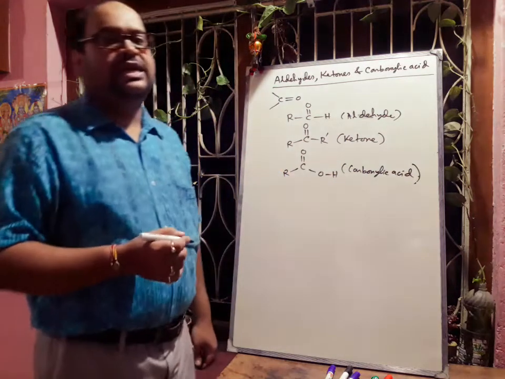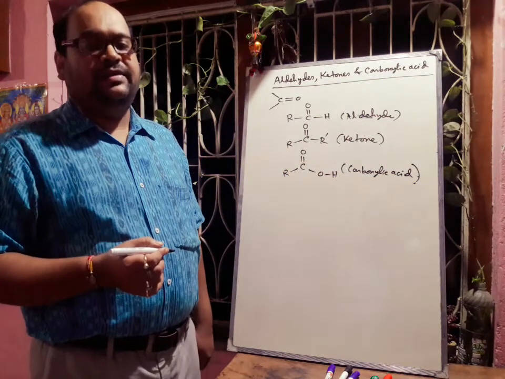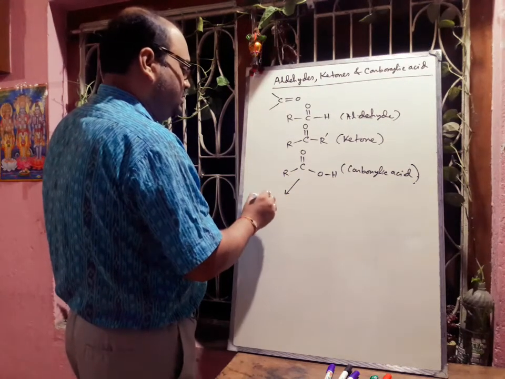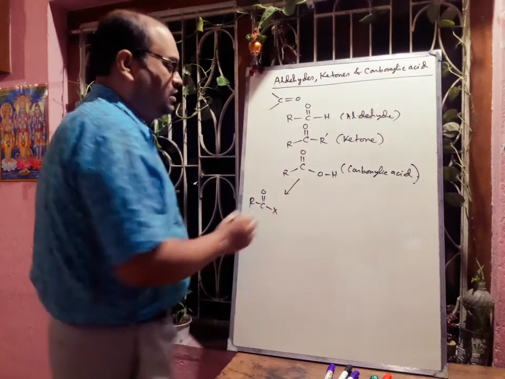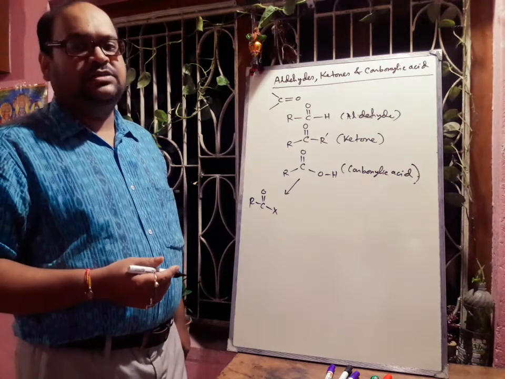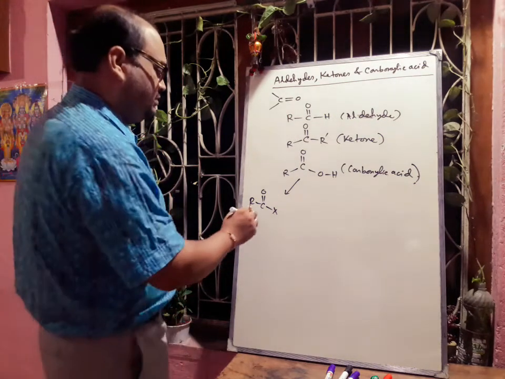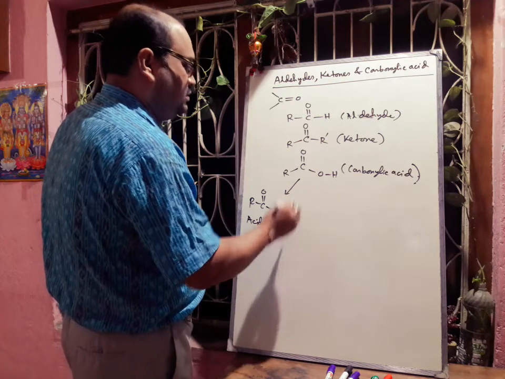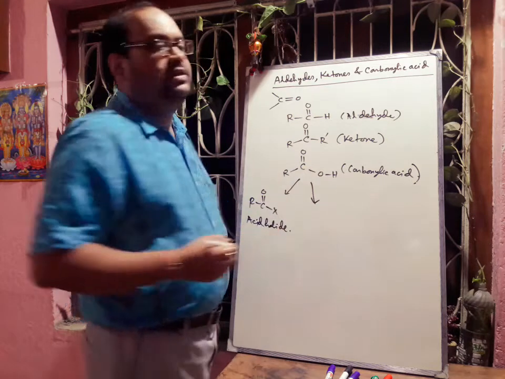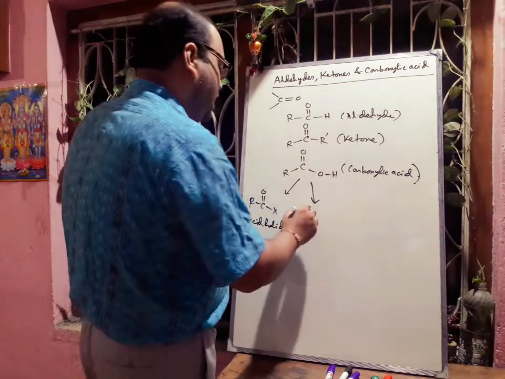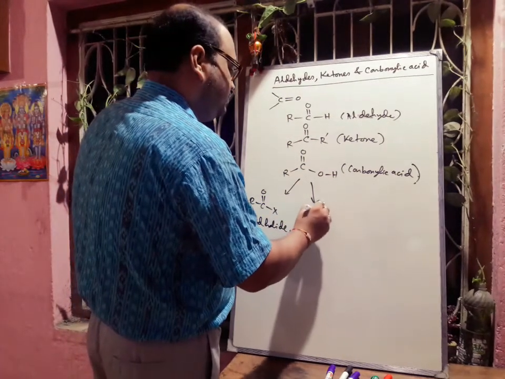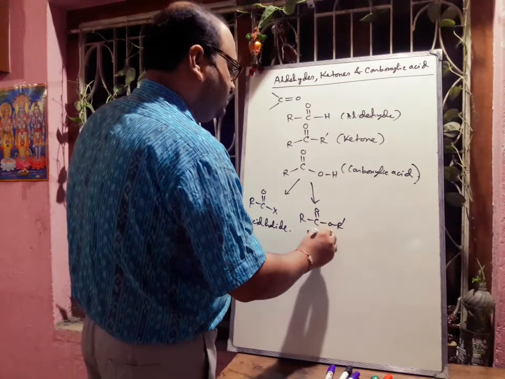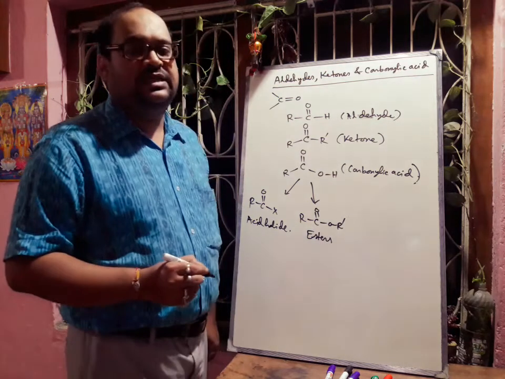Now these carboxylic acids may have different derivatives. There may be RCOX, or RCOCl, RCOBr. This is called an acid halide. If there is RCOOR, then it is called an ester, like ethyl acetate, methyl acetate.